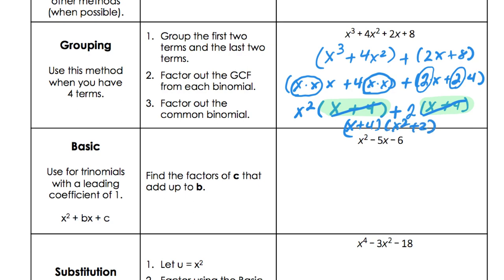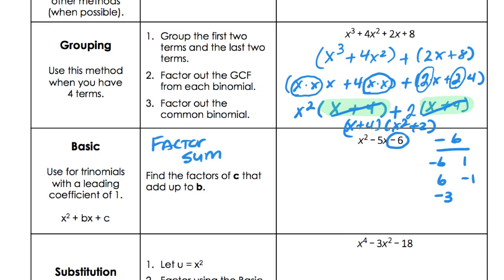This next method is called the factor sum method. Traditionally, all we do is look at the value c, and we're going to go ahead and list two numbers that will multiply to give you -6. So you have -6 and 1, 6 and -1.